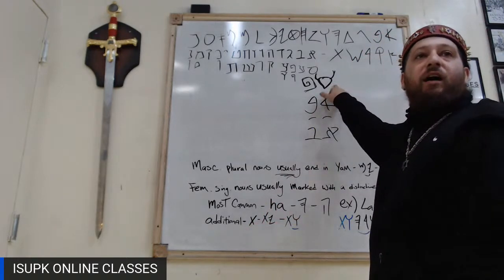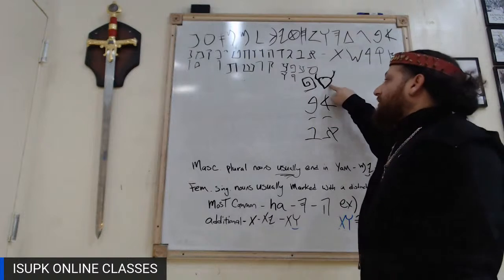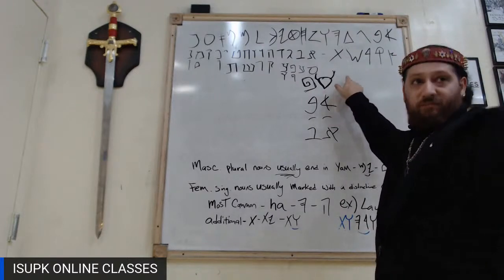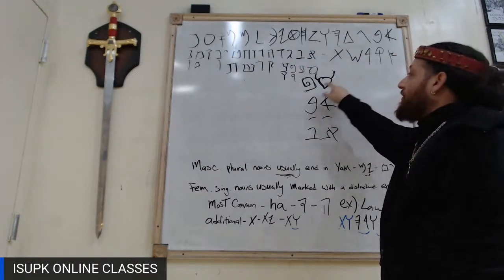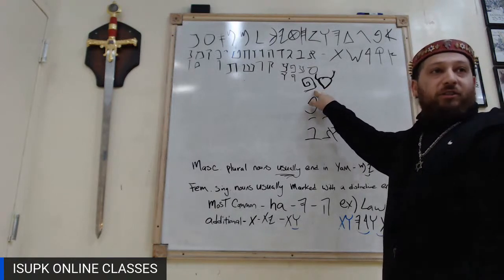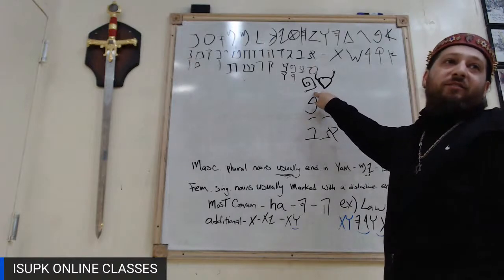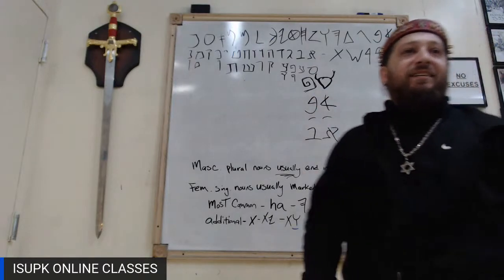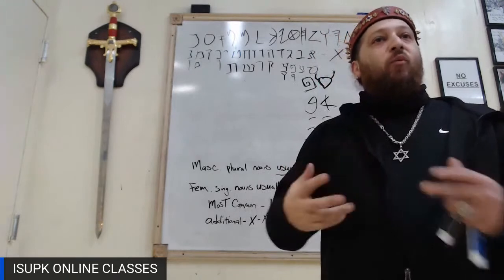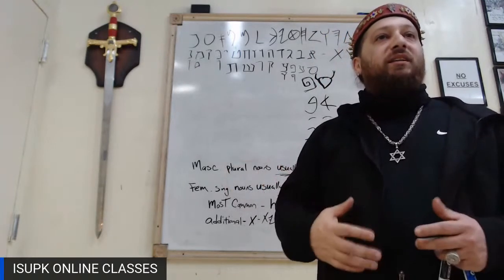Aleph, this is the head of an ox. An ox is a symbol of what? Strength. This is a symbol of a house. Abba, the strength of the house. This is where roots come from and why different Hebrew words are compounded in this way.